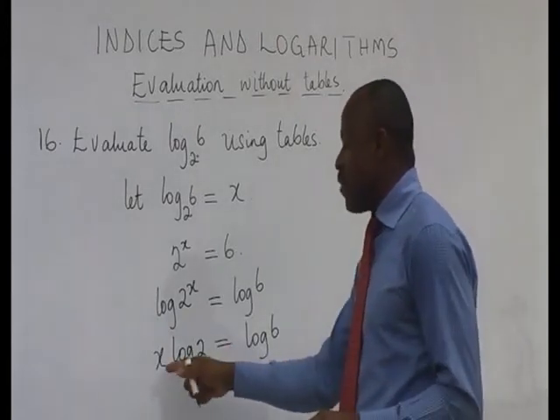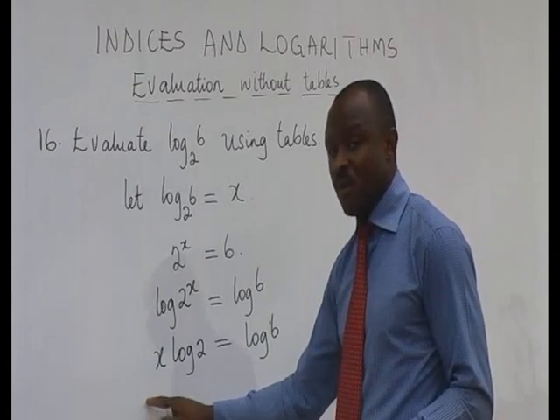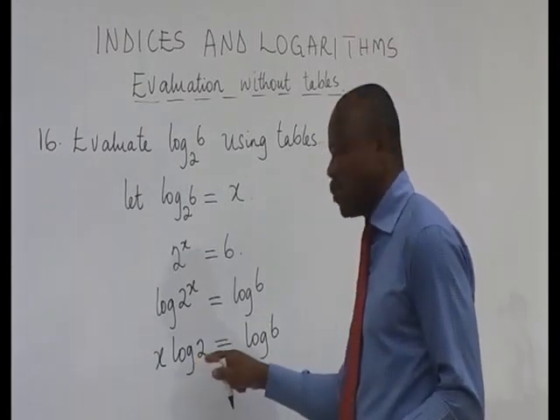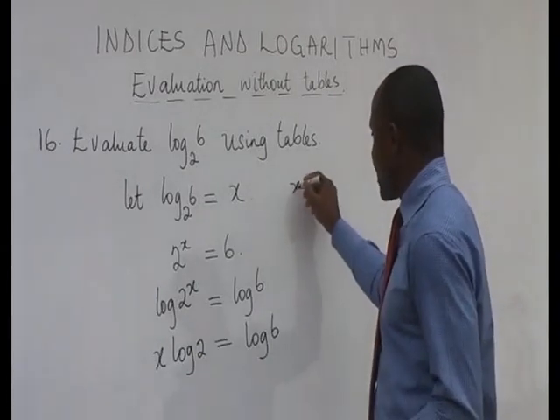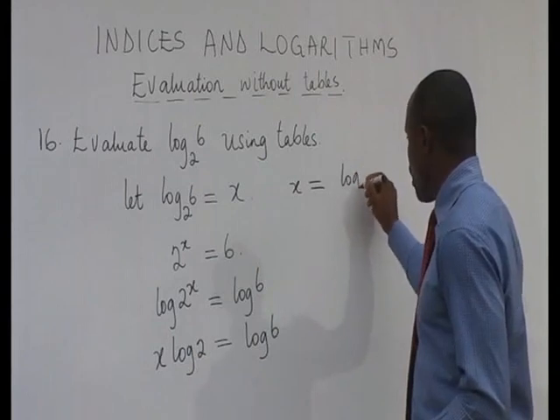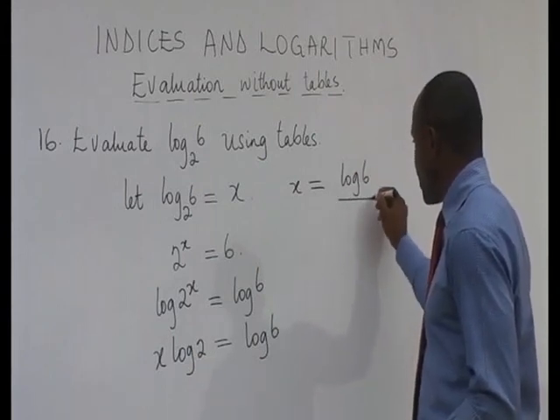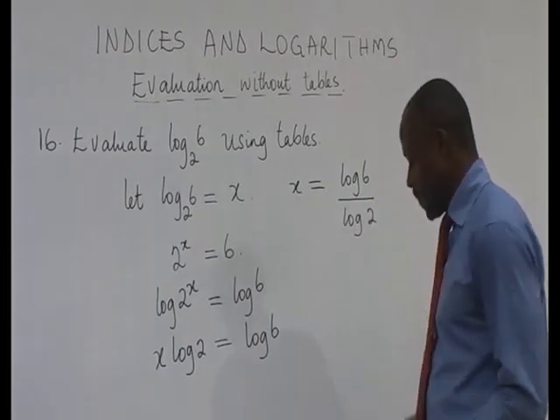If you want to have only x left in the left hand side of the equation, that means you have to divide both sides of the equation by log 2. When you do that, you'll be left with only x in the left hand side, and it's going to be equal to log of 6 to base 10 divided by log of 2 to base 10.